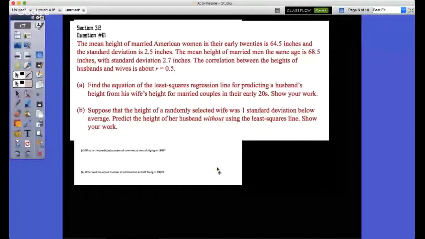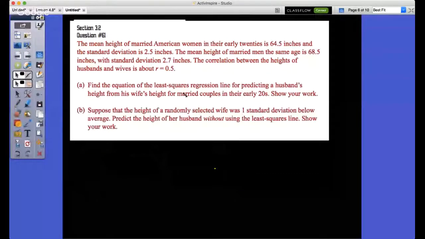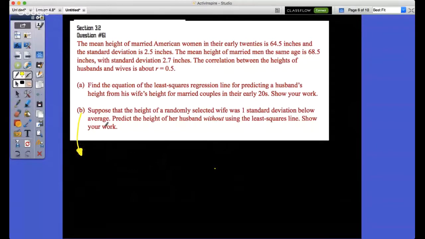Perfect. Okay, this one, here's the deal. Quickly on B. I'm going to do this one quickly. I don't think it's on the test, but here's the deal. This one is just saying, suppose that the height of a randomly selected person is 1 standard deviation below average. I don't know if it's a normal distribution, but what I do know is that for the married women, 64.5 was the mean.